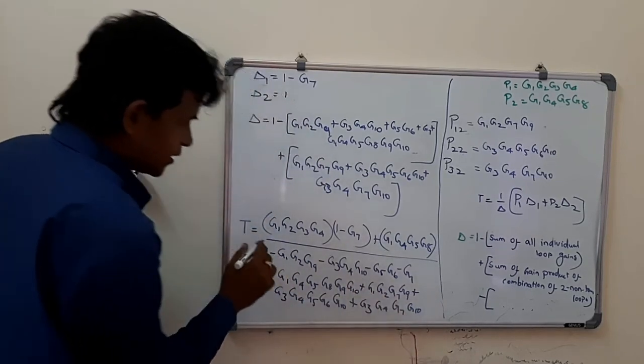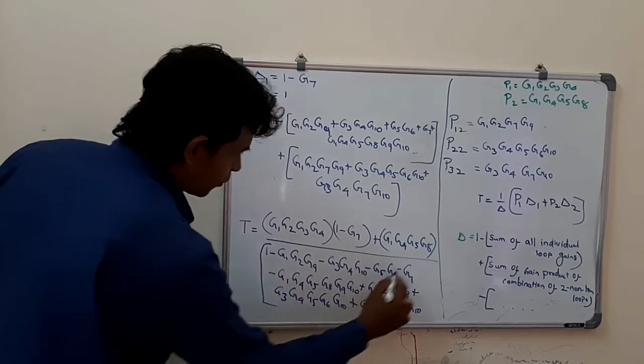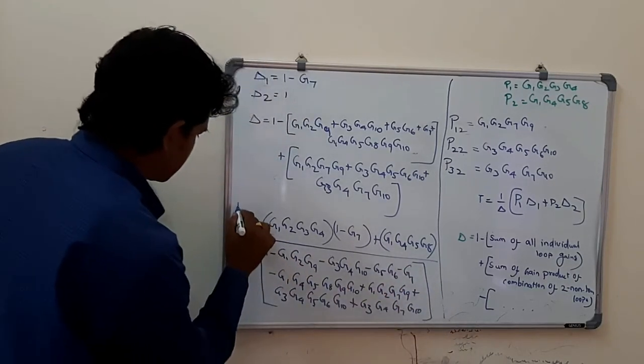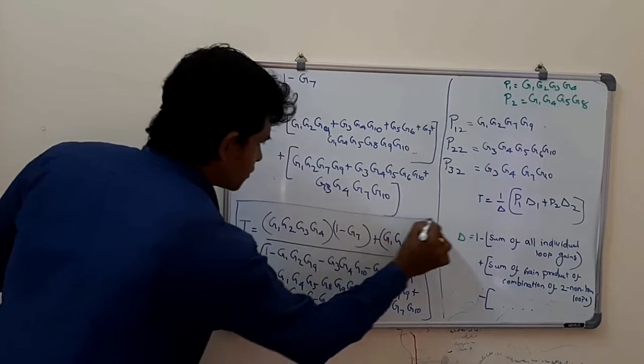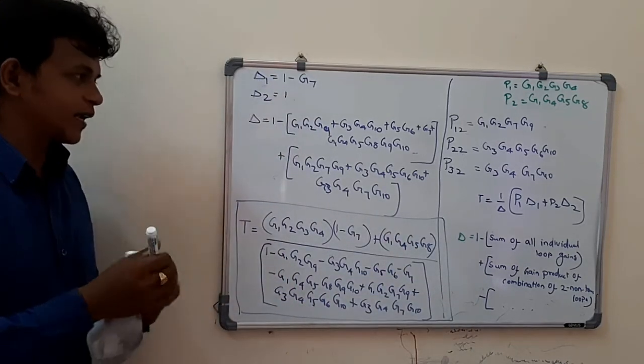Okay, so the entire portion is the denominator, and this becomes the overall gain, or the overall transfer function.